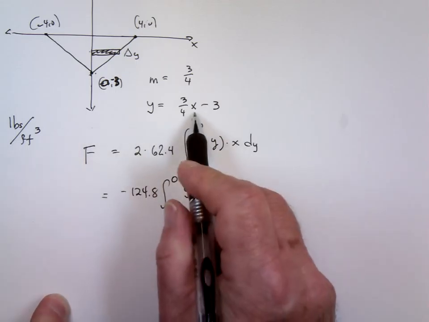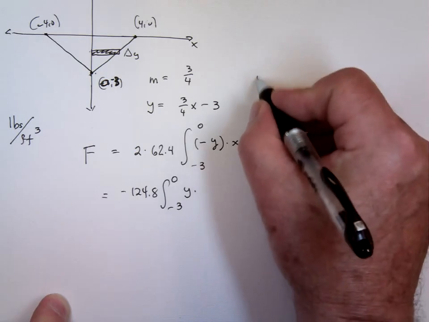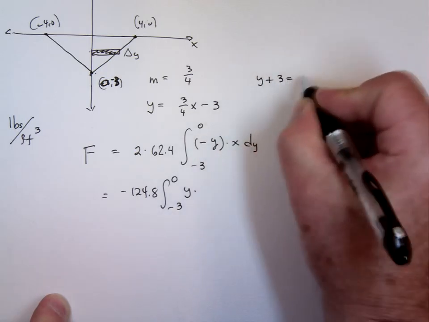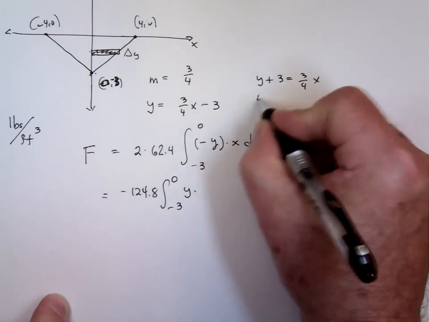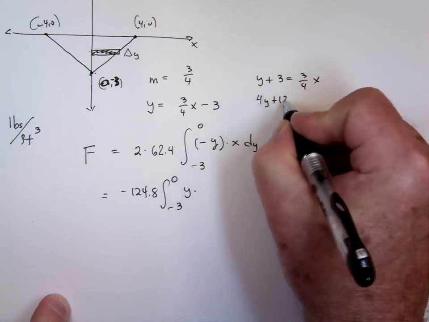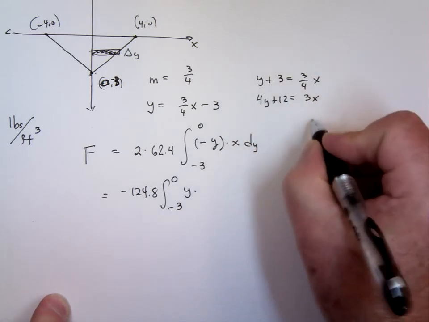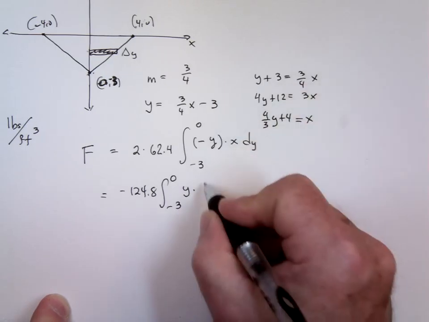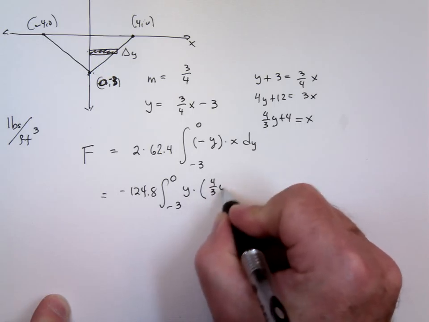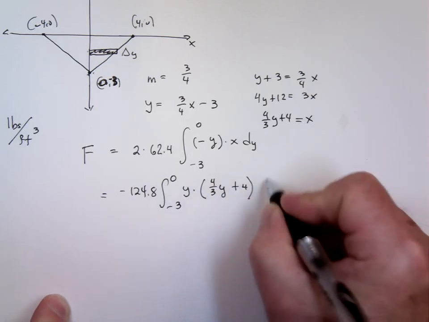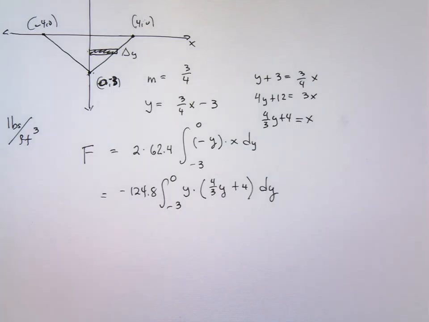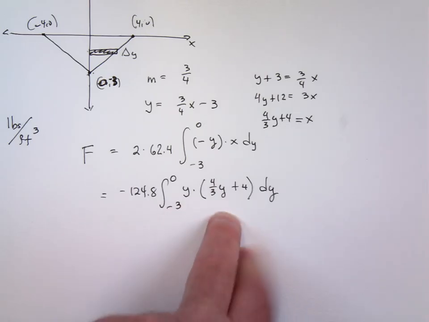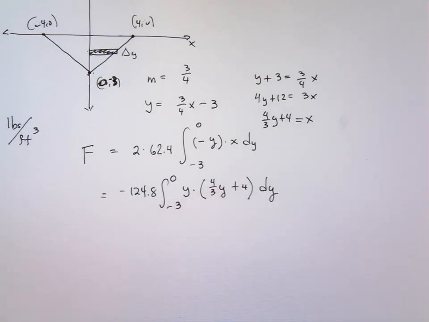So add 3, multiply by 4, divide by 3, and that's what I'm going to use here. Integrating with respect to y. Now what you have to do is multiply it out, integrate it, and it'll be okay.